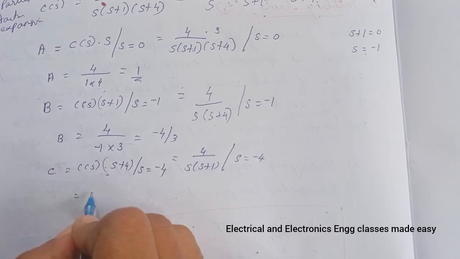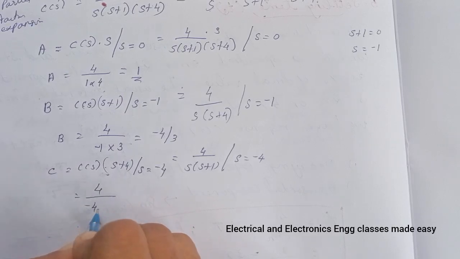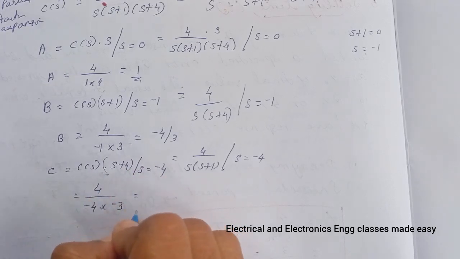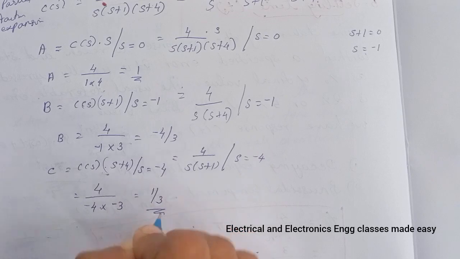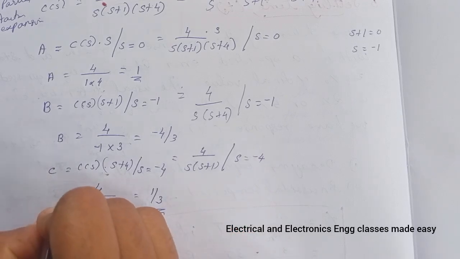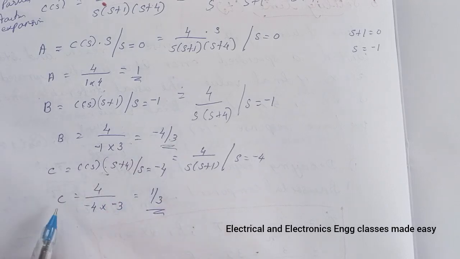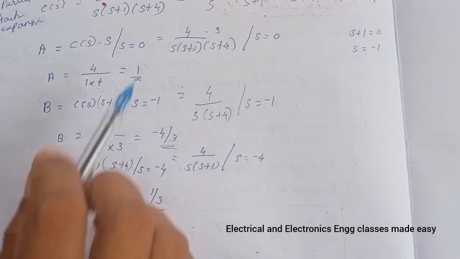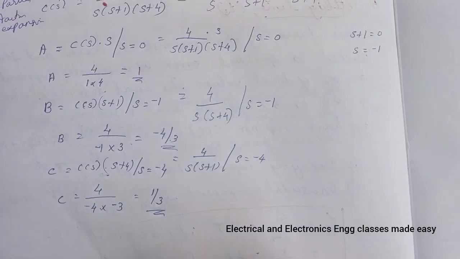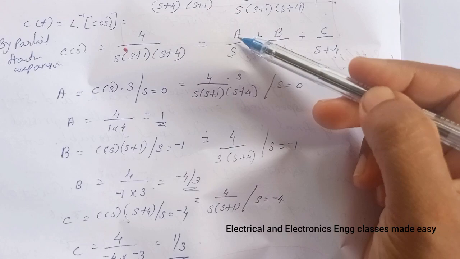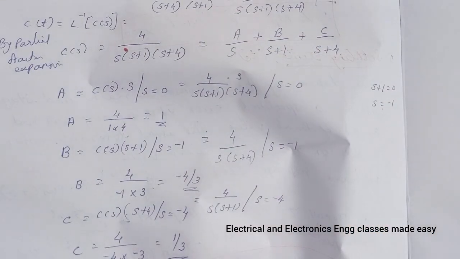And we get 4 divided by minus 4 into minus 3, and that is equal to 1 divided by 3. So the value of A is 1, B is minus 4 divided by 3 and C is 1 divided by 3. Now put these values here, that is, in this expression put the values of A, B and C.